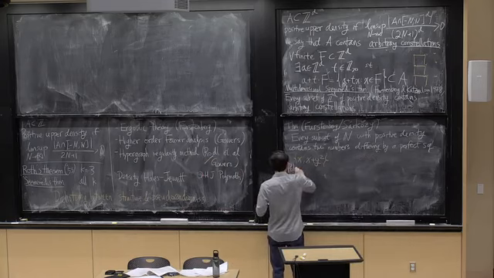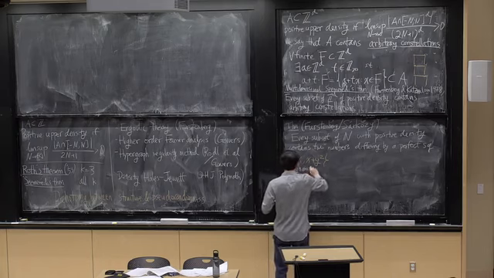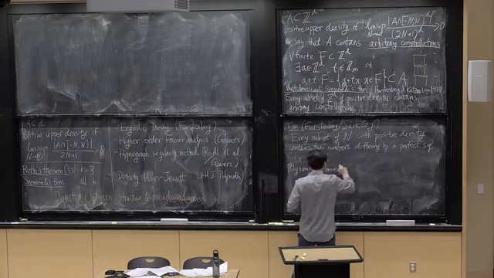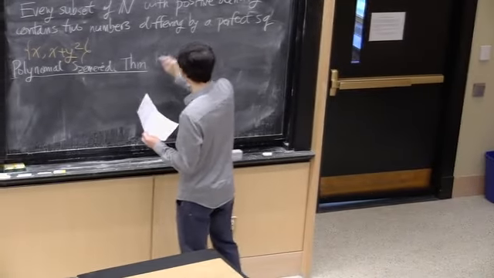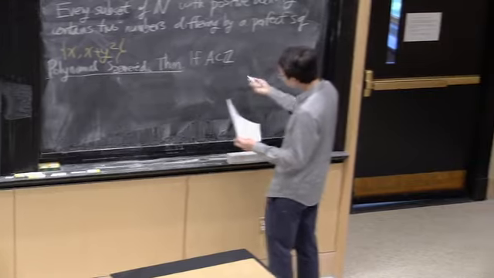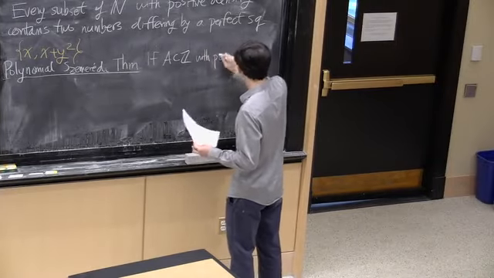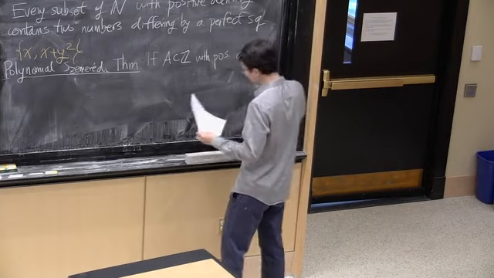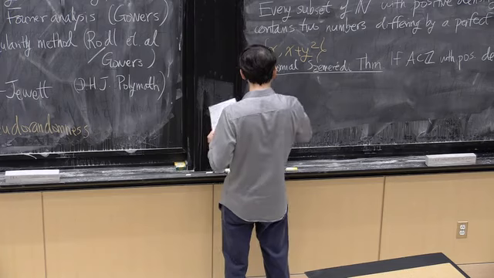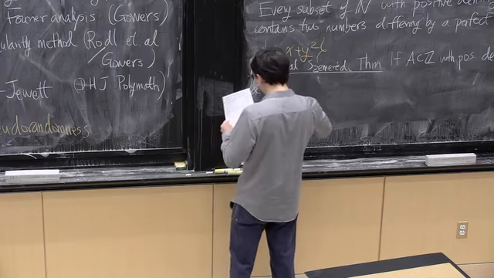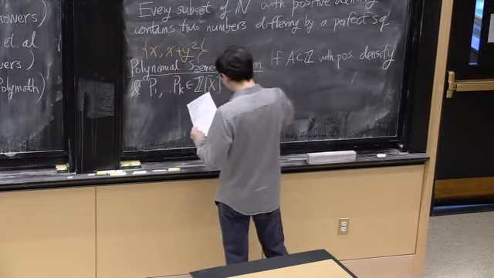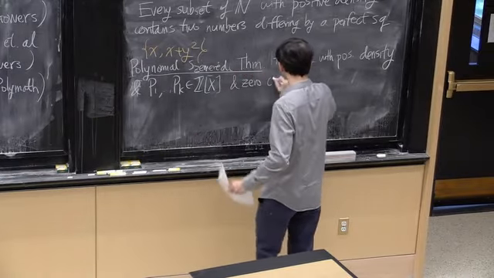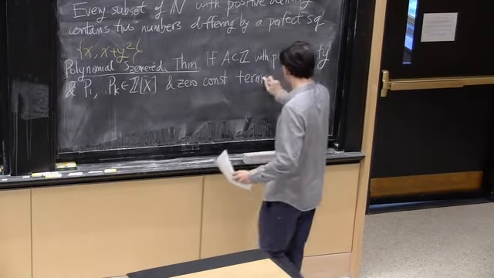A vast generalization of this result, known as the polynomial Szemerédi theorem, says that if A is a subset of integers with positive density, and if we have polynomials p1 through pk with integer coefficients and zero constant terms, then I can always find the pattern.